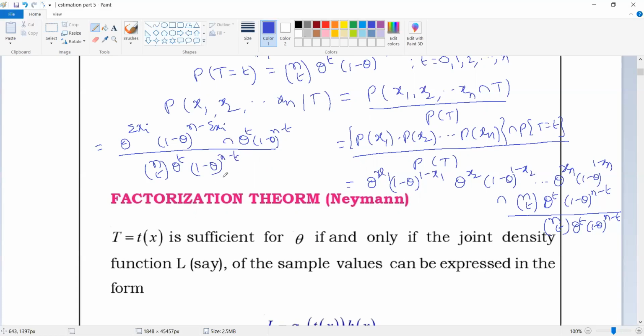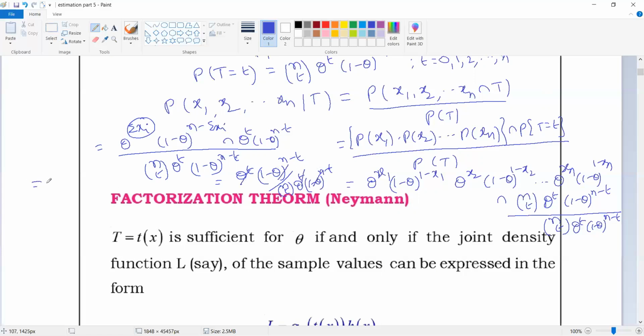The common part of the numerator is theta power T, 1 minus theta whole power n minus T. Here summation xi is called T. The common part of these two is theta power T, 1 minus theta whole power n minus T, divided by nCT theta power T, 1 minus theta whole power n minus T. These two cancel.